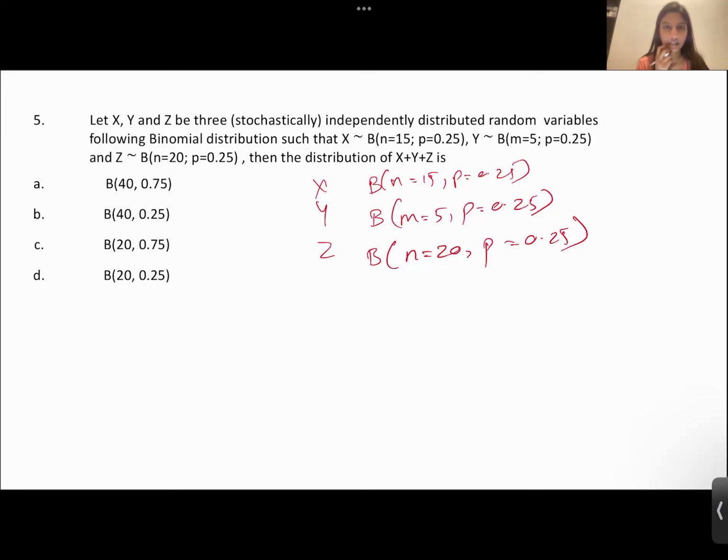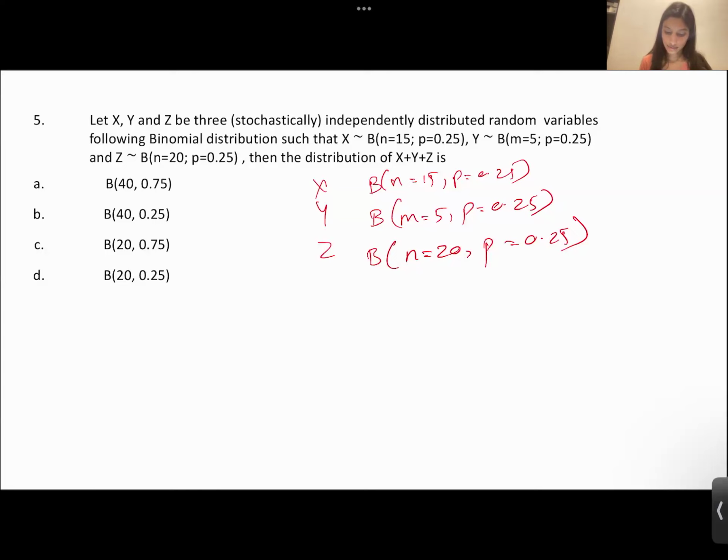Yeah, we were looking at this. So when you have such independently distributed random variables, then the sum of all these binomial random variables will also follow a binomial distribution.